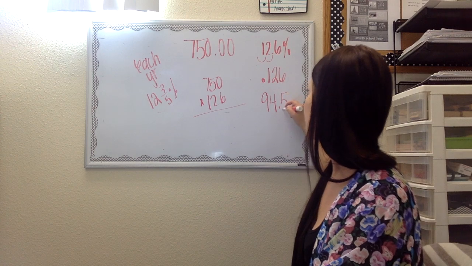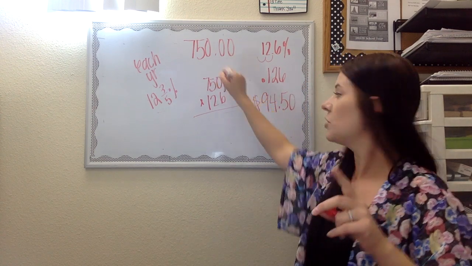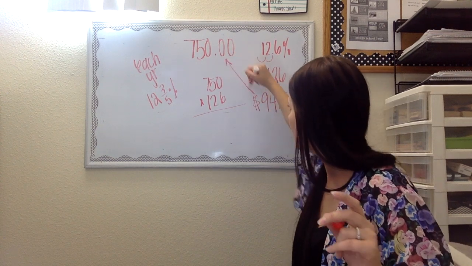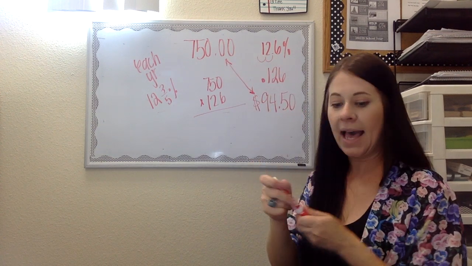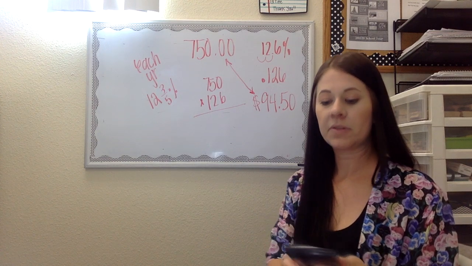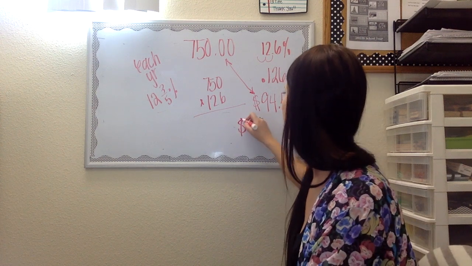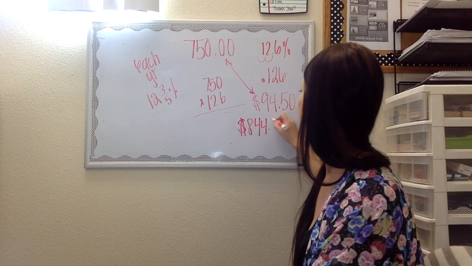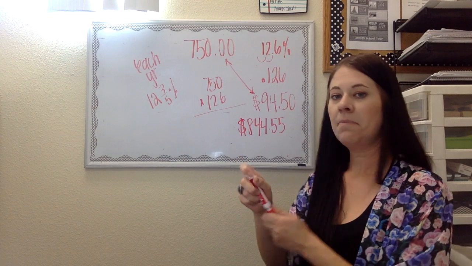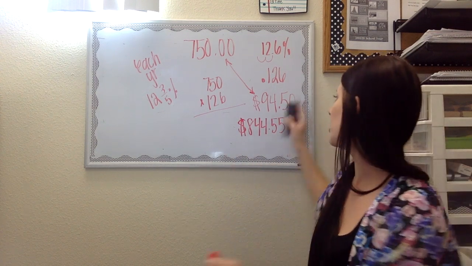Now, $94.50 is how much it increased after the first year. So I'm really going to add these two together to see how much it would be after the first year. So I'm at $844.55. Okay? So once I have this number, this is what it is after the first year.